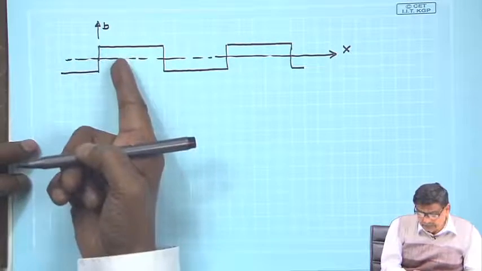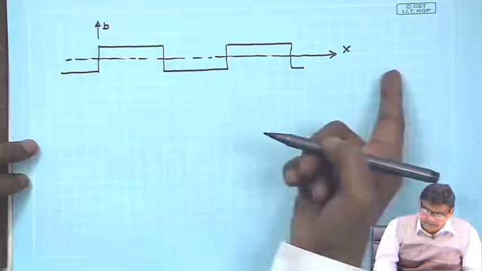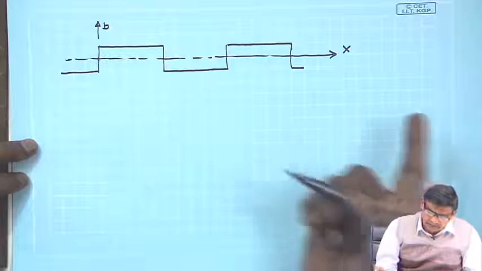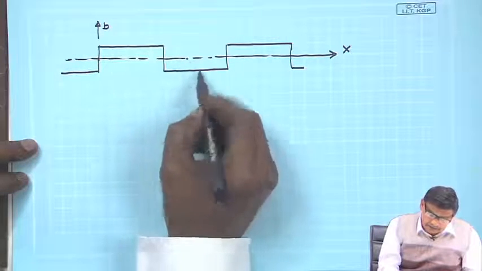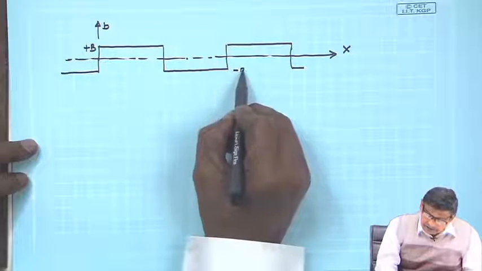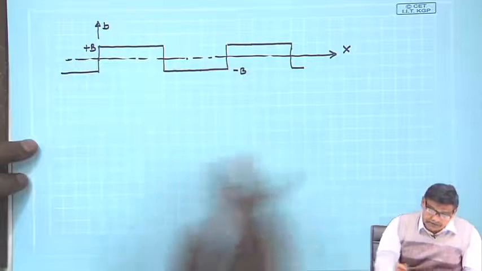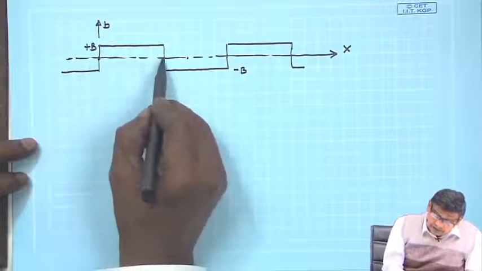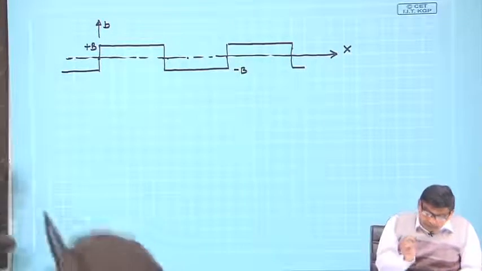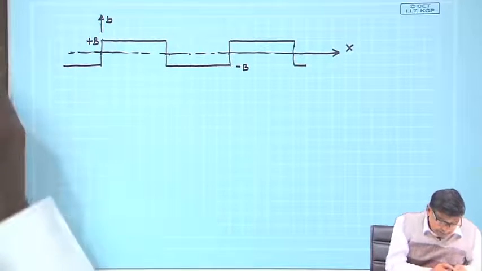Because at different points b is a function of space. Suppose this is plus b and this is minus b. It is not constant all along x. Up to this it is constant, and from this to this constant, but of opposite value. Suppose the B distribution is like this.